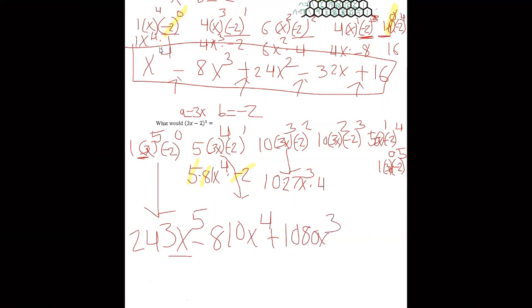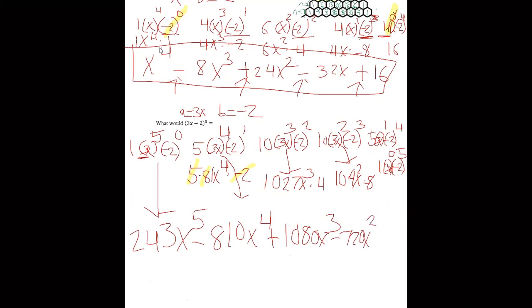But you should notice your degree goes down. All right, this part here we have 10, 3 squared would be 9x squared, and -2 up to the 3rd power would be -8. So 10 times 9 times -8 would be minus 720x squared.